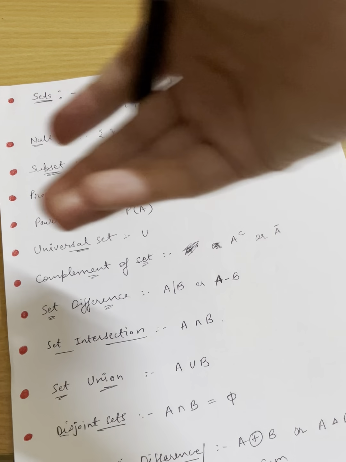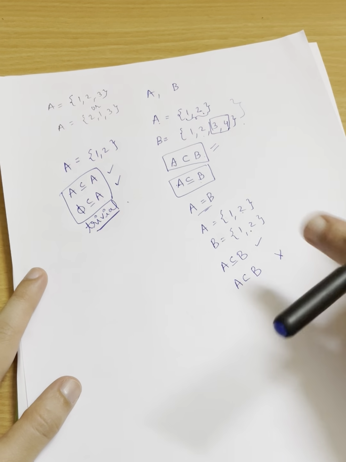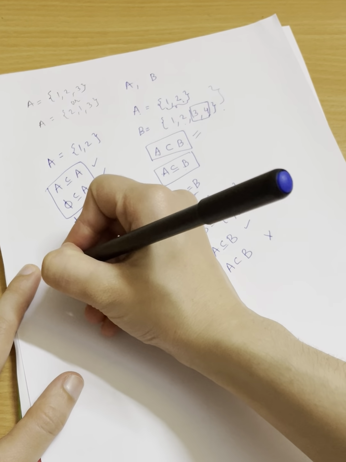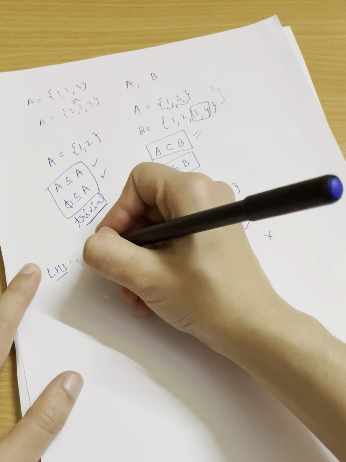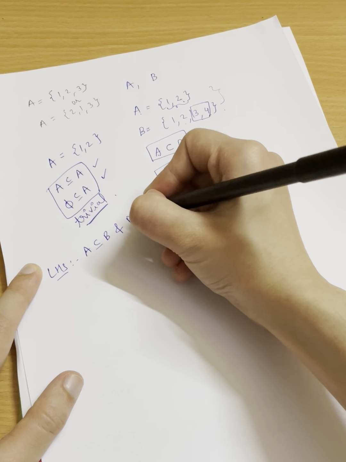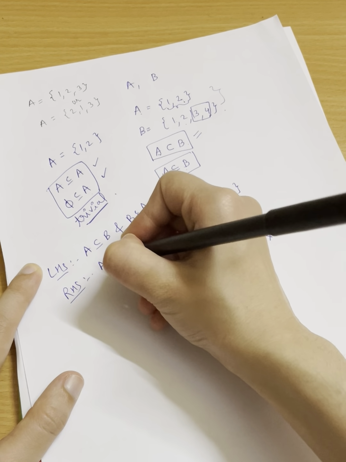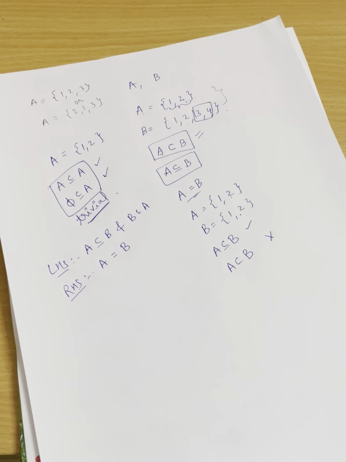One more thing you can prove, like suppose there is some LHS condition. The LHS condition is A is a subset of B and B is a subset of A, and your RHS condition is A equals B. What does it mean? We can prove that with some examples.